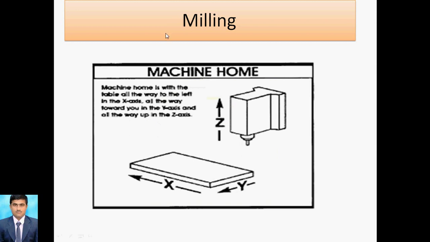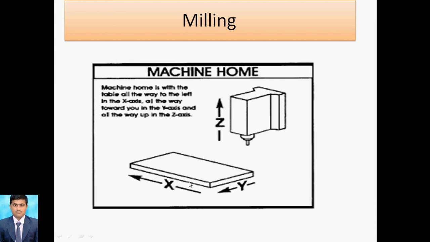Then for a milling machine, if Z is positive, we can take the tool above the workpiece, and if Z touches the workpiece, then we can take Z negative.